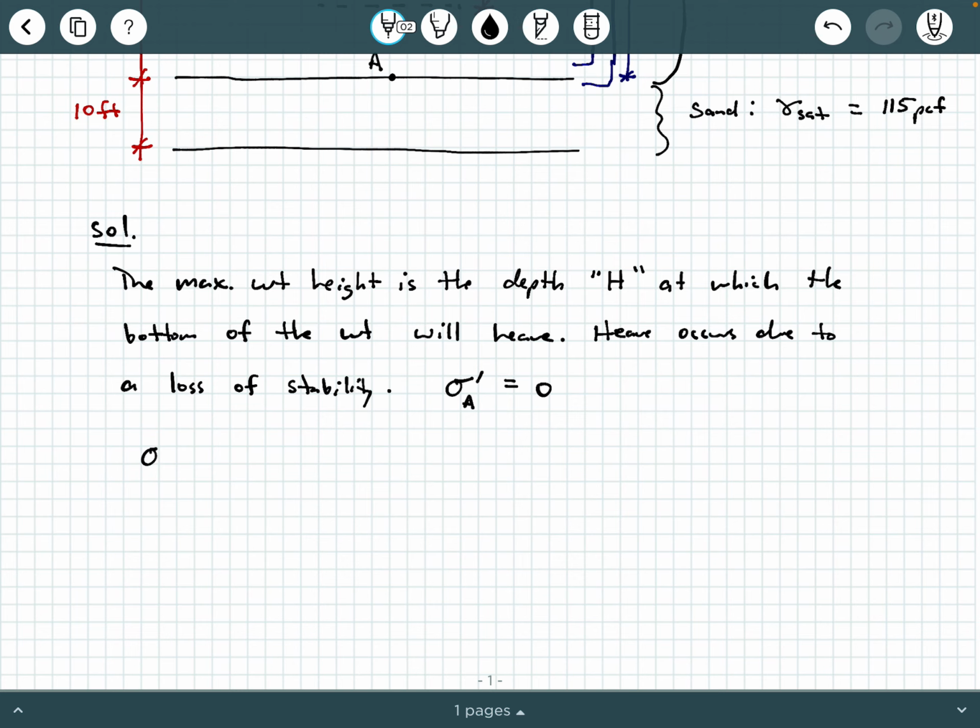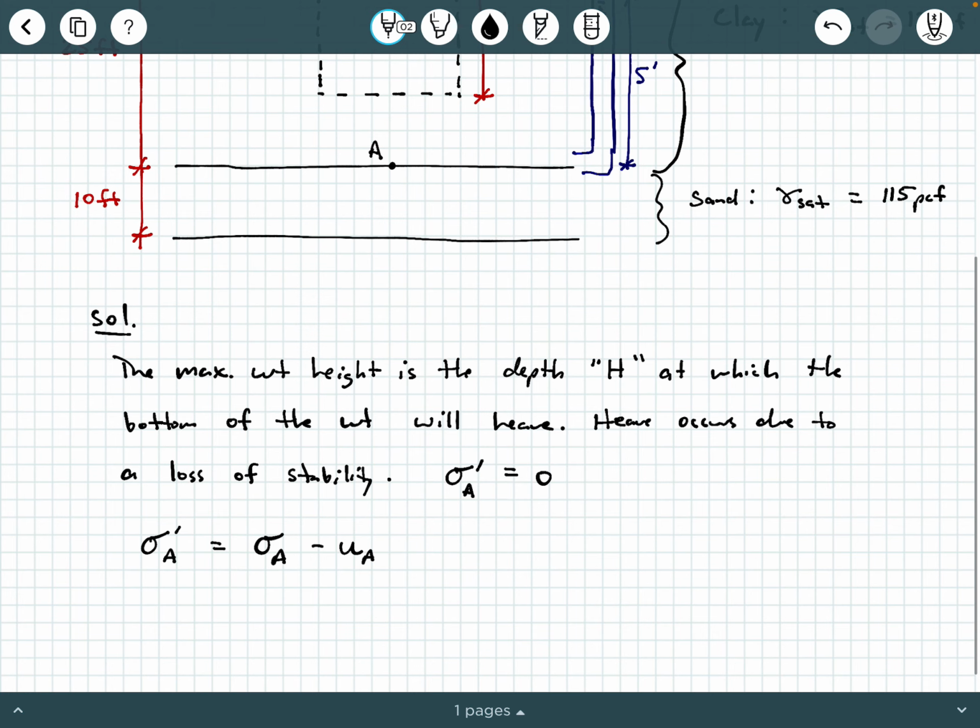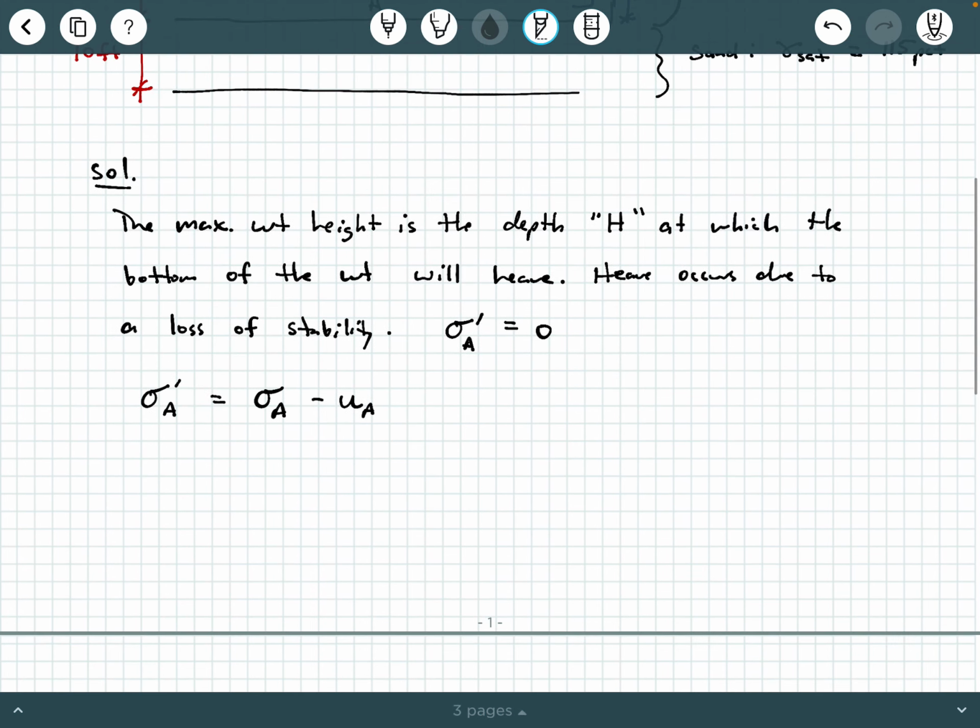Well, we have to remember that effective stress is equal to total stress minus pore pressure at a given level, or in this case at point A, okay? So now what we have to do is set up some expressions for total stress and pore pressure, and we need to combine them together and set that equal to 0 for the case of investigating heave, okay? So how do we do that?